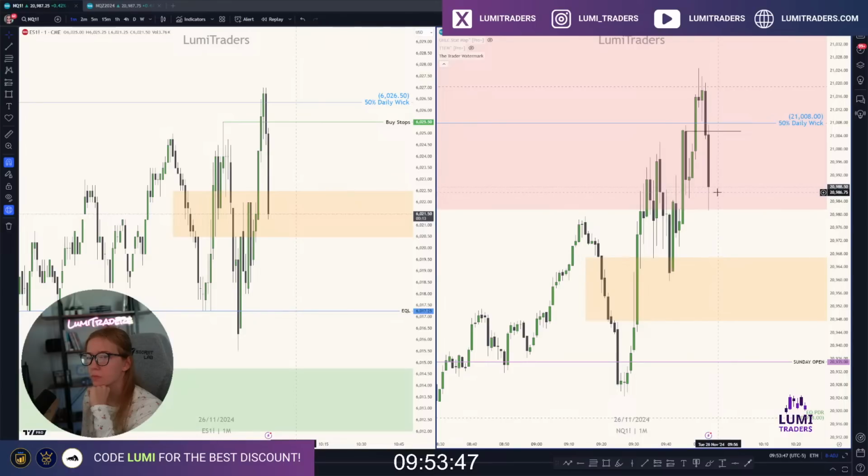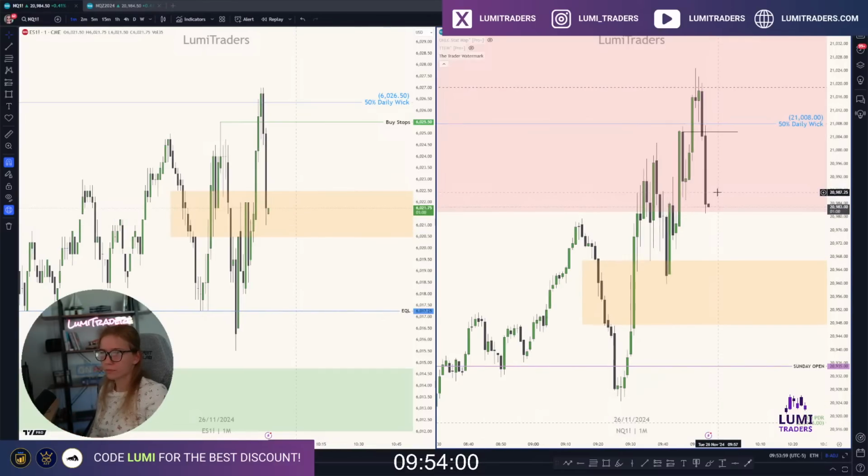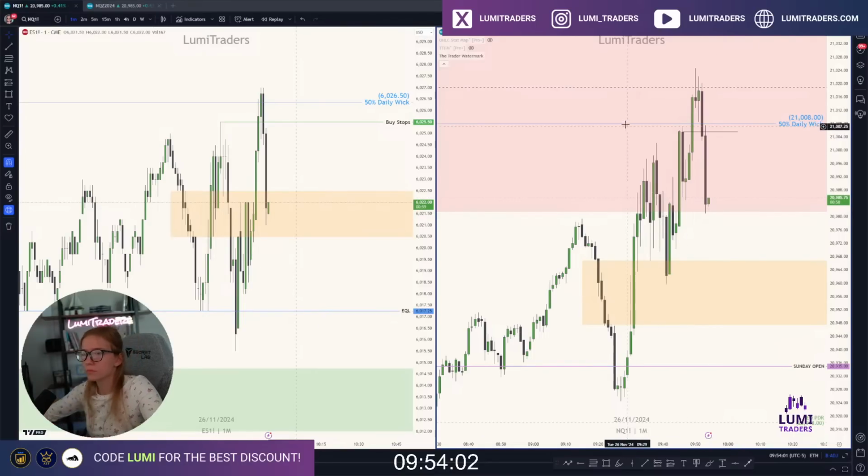Look at ES. Amazing. Interesting. Let me highlight this sell side liquidity level.